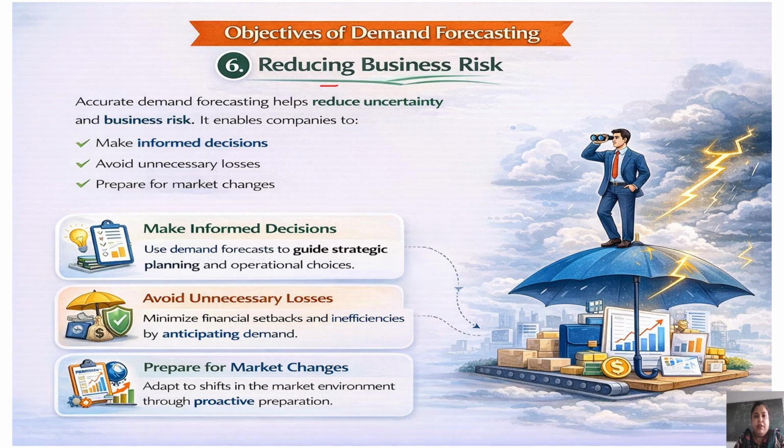Okay, the next objective is reducing business risk. As you know very well, accurate demand forecasting helps reduce uncertainty and business risk. It enables a company to make informed decisions, avoid unnecessary losses and prepare for market changes.